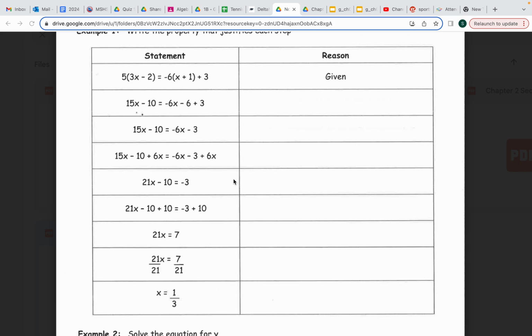Well, yes, given is on top, but what is it doing on the first one? Like what happened from the first statement to the second statement? I mean, it kind of is, but it's a different property. Oops, my bad.